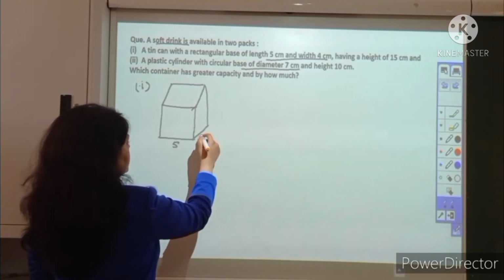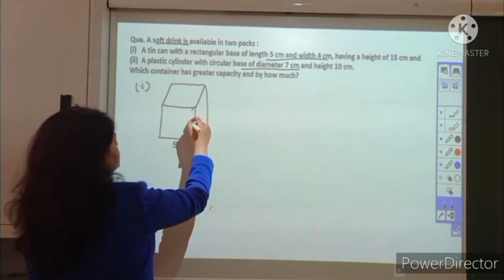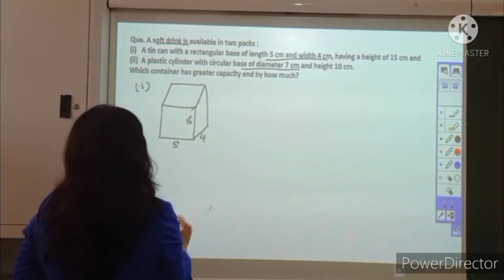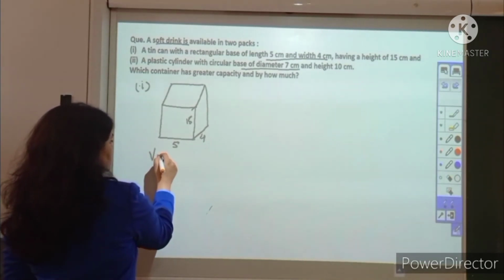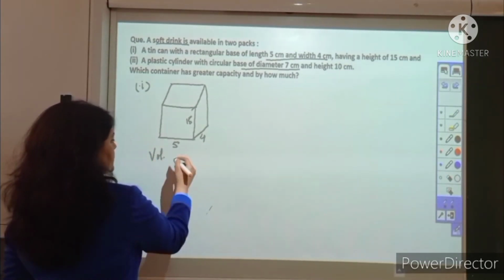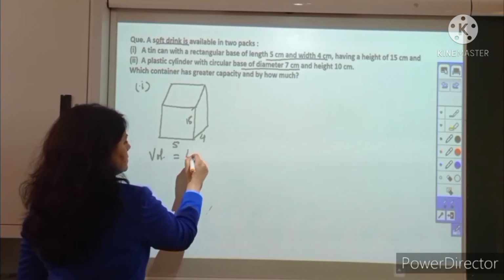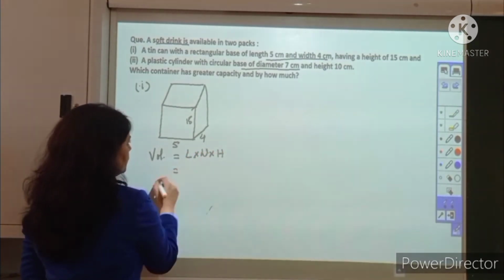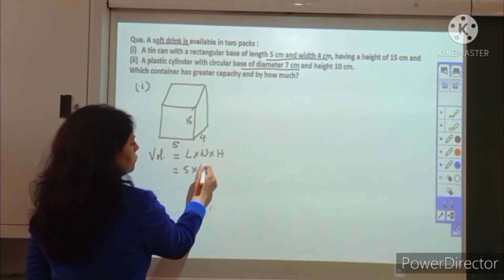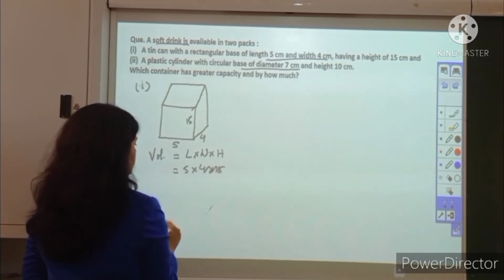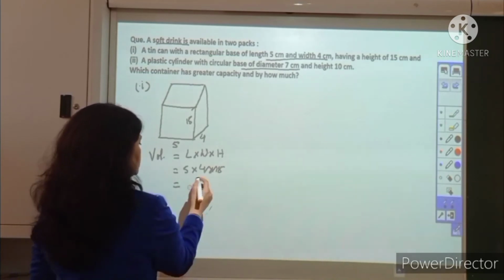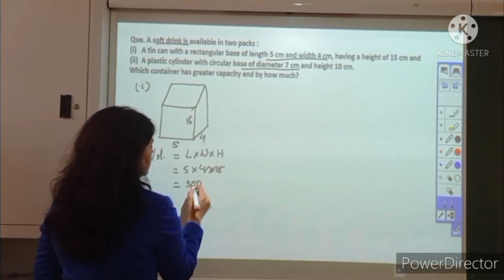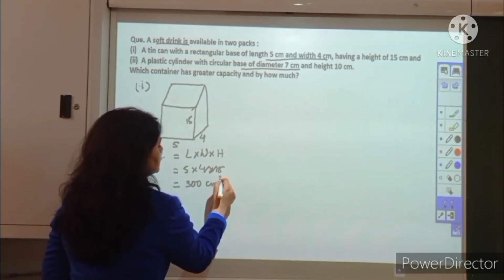The width is 4 cm and height is 15 cm. Now we know that the volume of a rectangular prism is length times width times height. Therefore, 5 times 4 times 15, which is equal to 300 centimeter cubed.